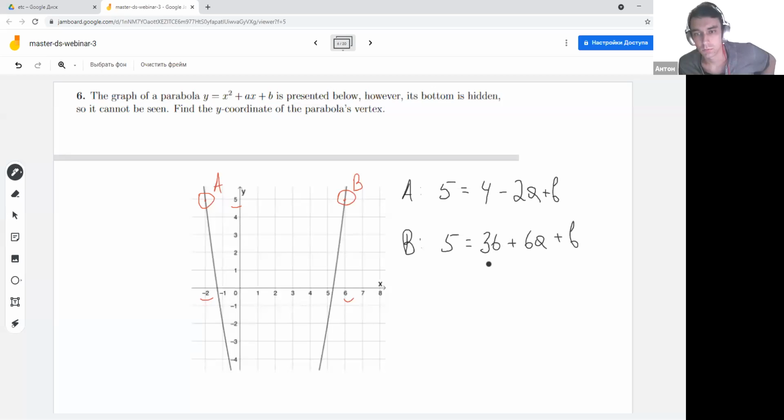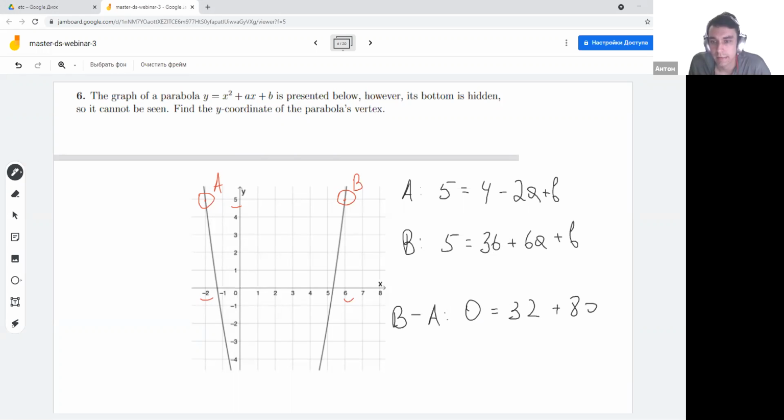Well, so I want to subtract A from B, because I want this b to go away and I want this 5 to go away. When I subtract, I get 0 equals 32 plus 8a, from which I immediately get a equals -4.